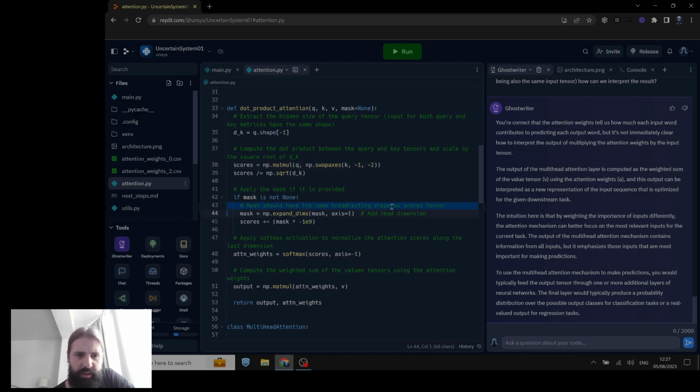This is what I don't understand. So this masking is here. I'm just having a basic algorithmic blank right now.